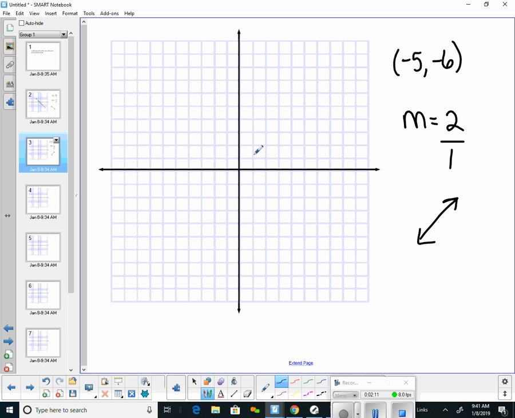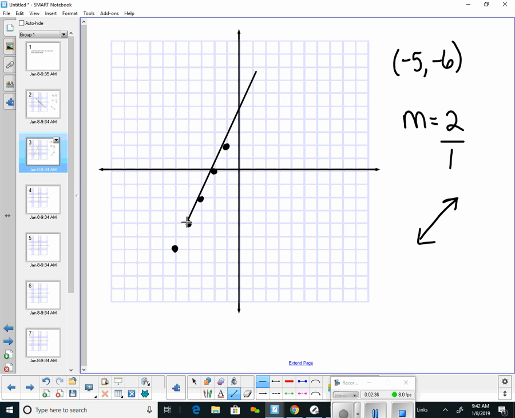We know it's positive, so we know in reality the graph is going to look something similar to this. I'm going to graph this point (-5, -6). From that point I just put on, I'm going to rise 2, run 1. Rise 2, run 1. And I'm going to continue doing that until I have a total of 5 points on my graph.